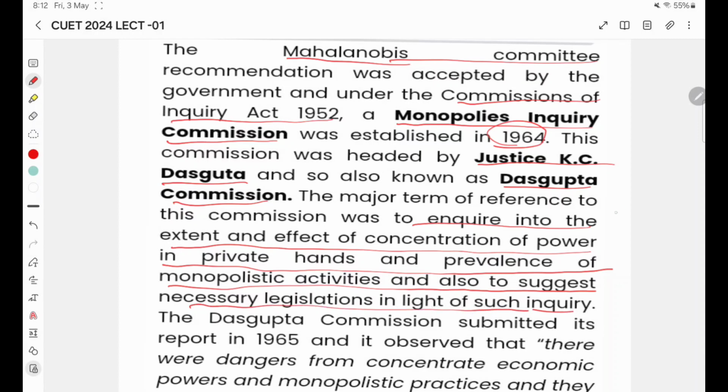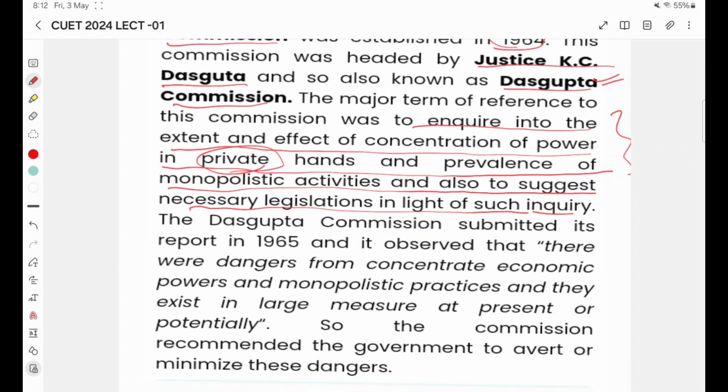It means how monopoly power has been exercised by different types of private players, and how exploitation is being made, what is the intensity, how they are exploiting the people, and how they are exercising their monopoly power. That was analyzed by the Dasgupta Commission, and some recommendations were made to the government of India. The report was submitted in the year 1965.